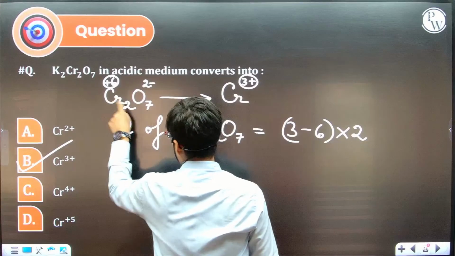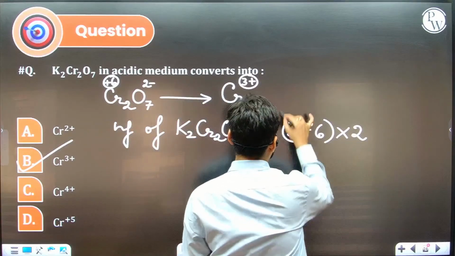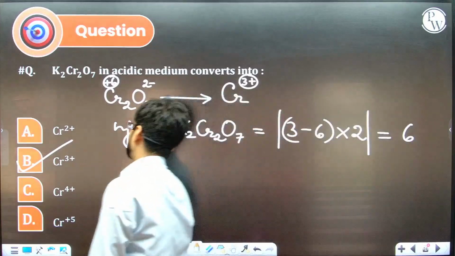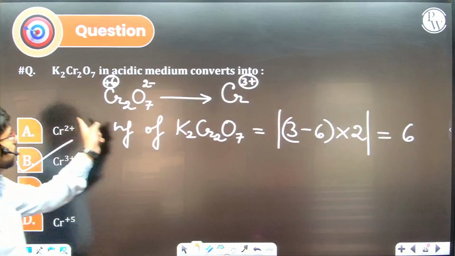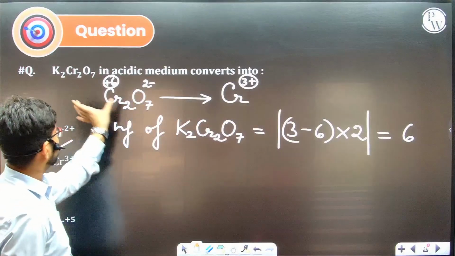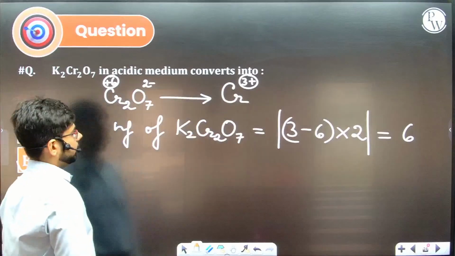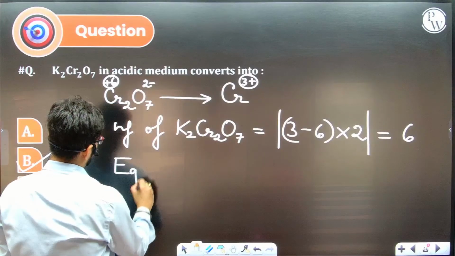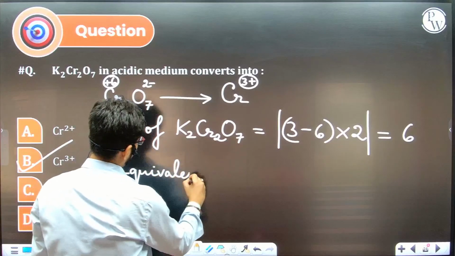Because there are 2 atoms of chromium in one entire molecule of K2Cr2O7, and then if I take the modulus, so the N factor of K2Cr2O7 is 6. In this reaction, that means when K2Cr2O7 is getting converted to Cr3 plus, then NF is 6. This is a very common question, so you must be thorough with this concept.